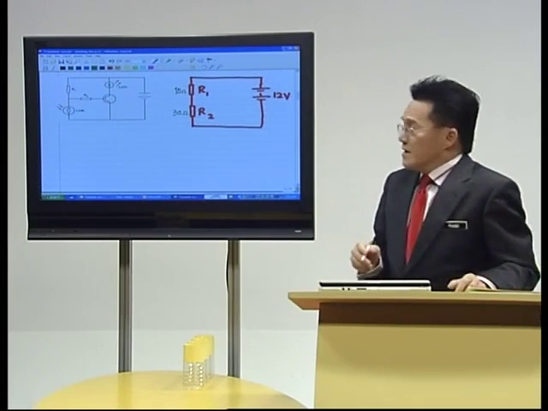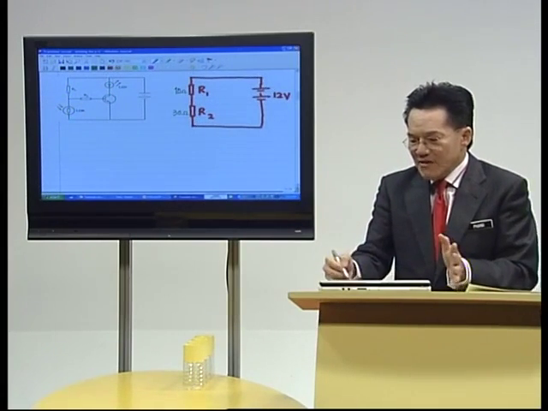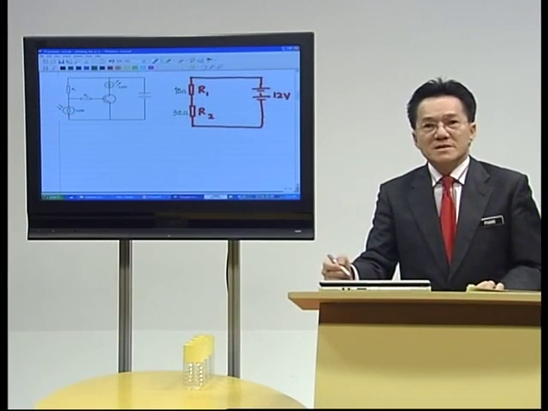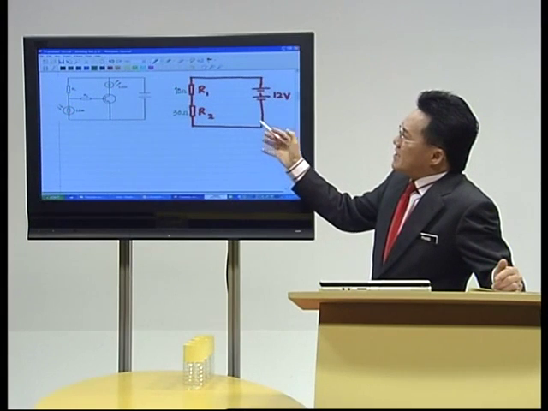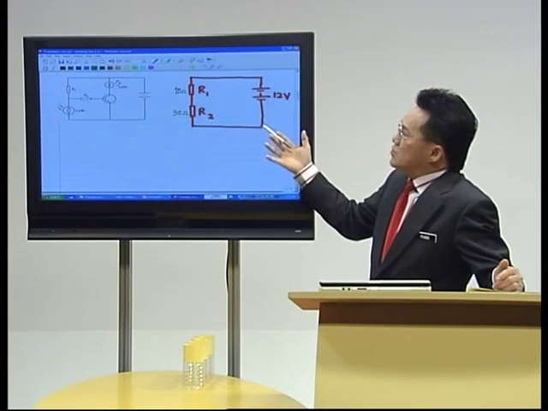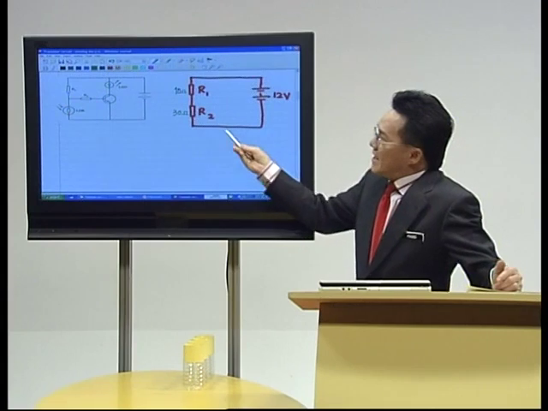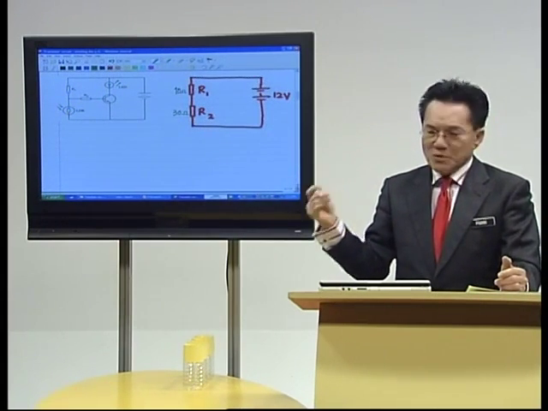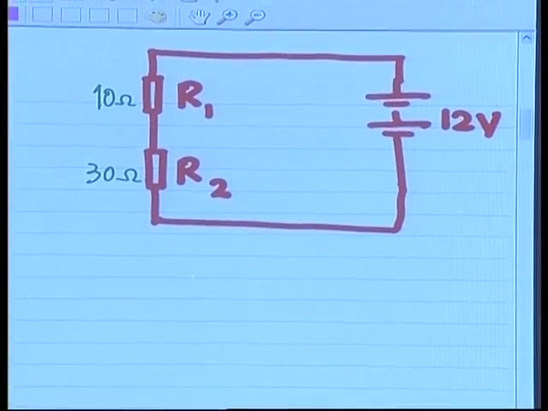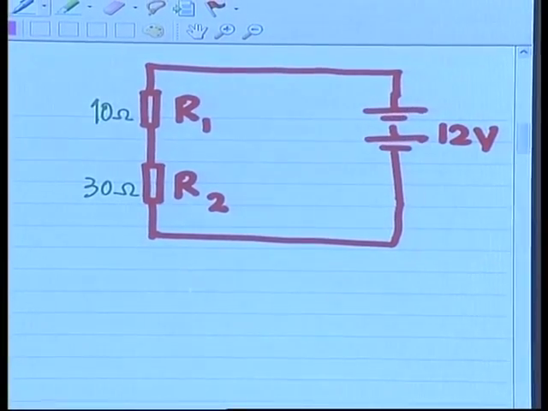Alright? Now, this is actually a very, very important concept. This diagram here is something that I need to explain to my students time and again so that they understand the other diagram. Alright? So you must be asking me, okay, what's up? What am I supposed to do?